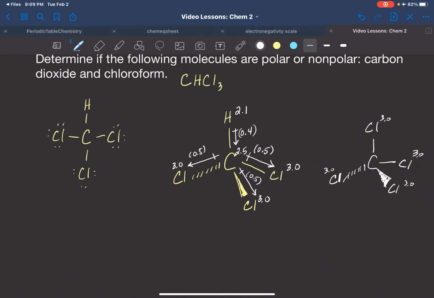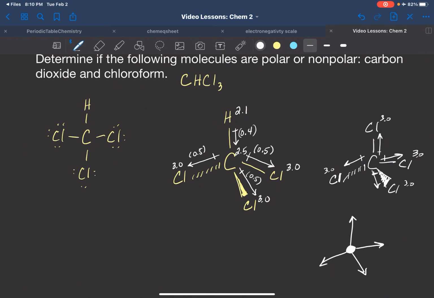So carbon was 2.5, so there's a greater dipole in this direction, this direction, this direction, and this direction. And they all are of equal value, all going out in 4 equal directions from the center. Imagine you are the carbon atom, and you're being pulled in 4 different yet equal directions.